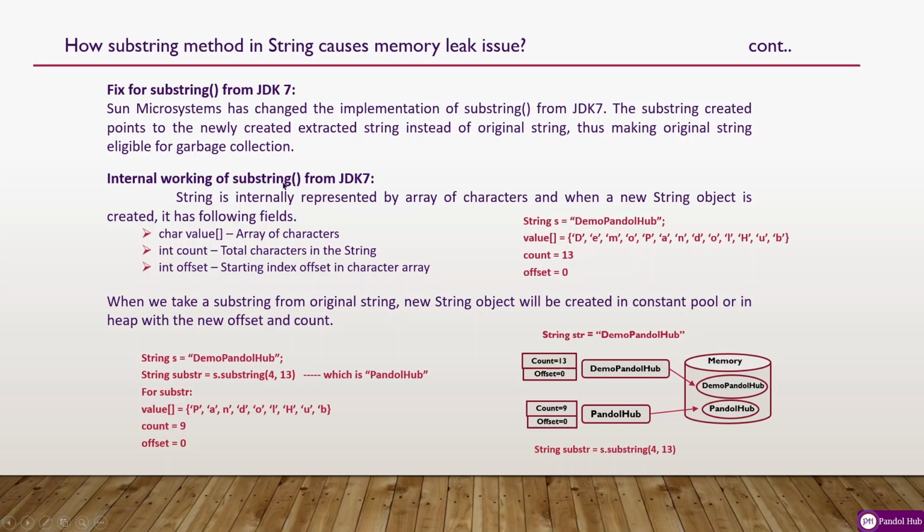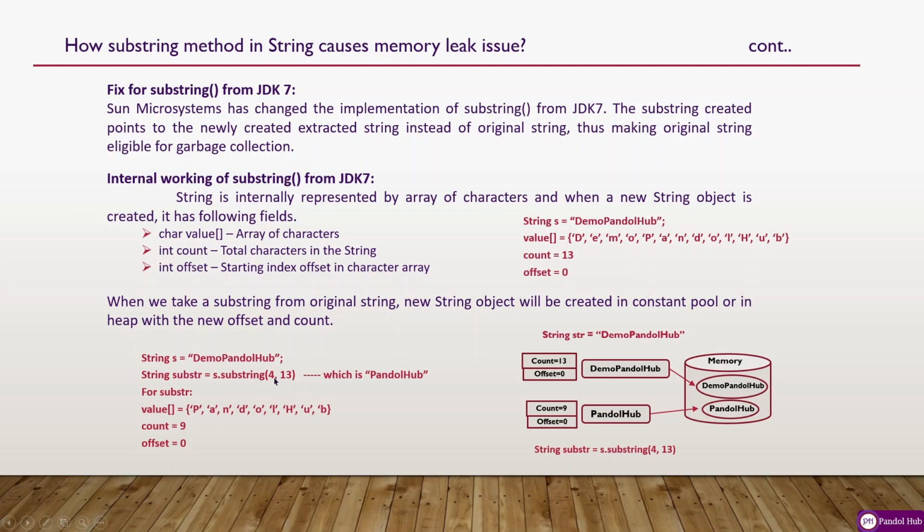Simply put, as we know the internal working of substring, a string contains a character value array, an integer count parameter, and an integer offset parameter. Previously, the character value of the substring pointed to the whole source string. After the fix from JDK 7, the character array of the substring contains only the substring characters.